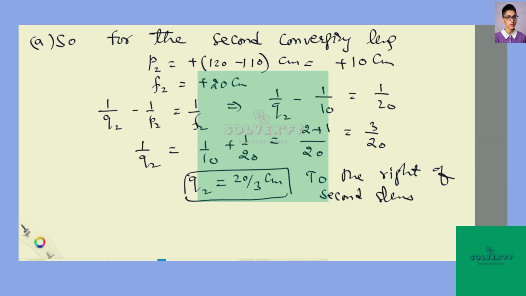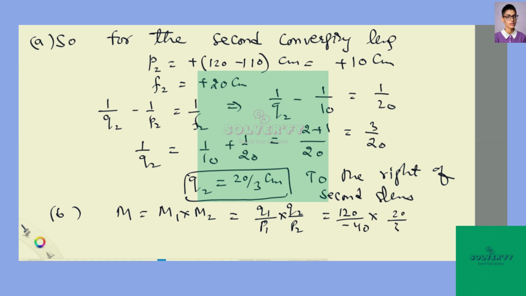And then for the second part, again we will find the linear magnification M, which is M1 times M2, equal to q1 divided by p1 multiplied by q2 divided by p2. So putting the values, again for q1 this is 120 by minus 40, but here q2 is 20 by 3, while p2 was the same, means 10.